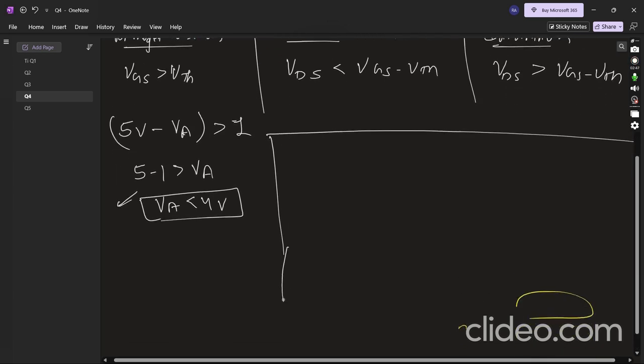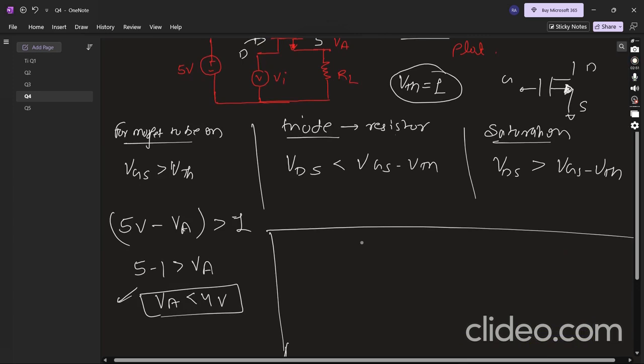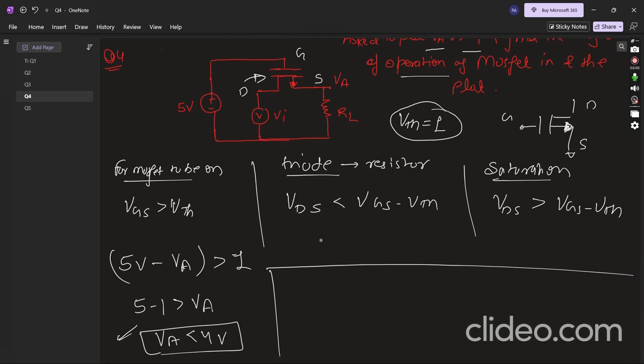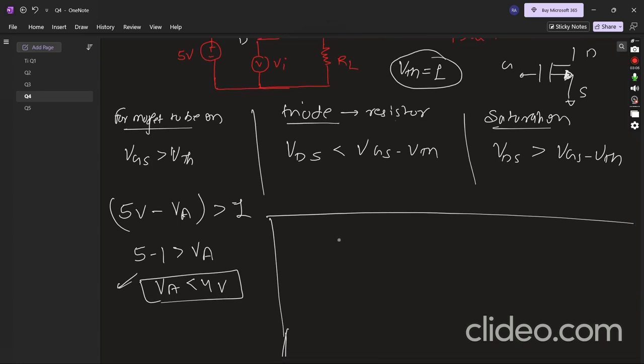And for the MOSFET to be in saturation region, or in triode region, we can solve any of these equations to find triode and saturation region.